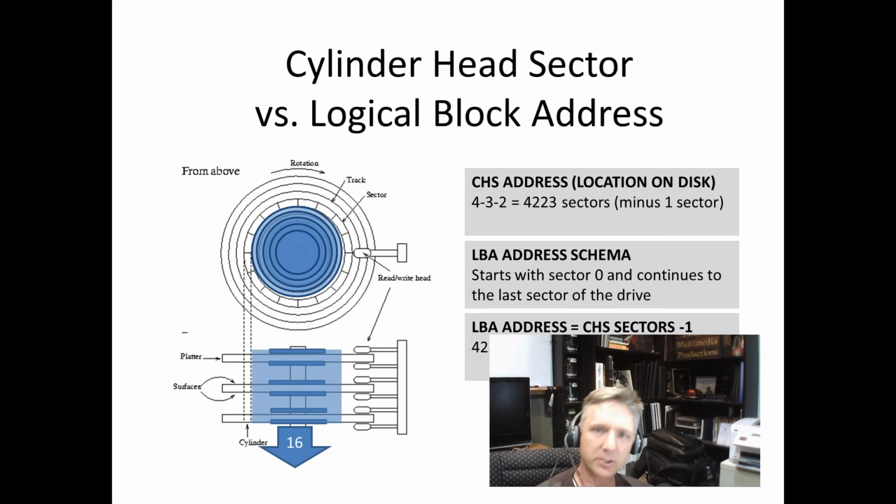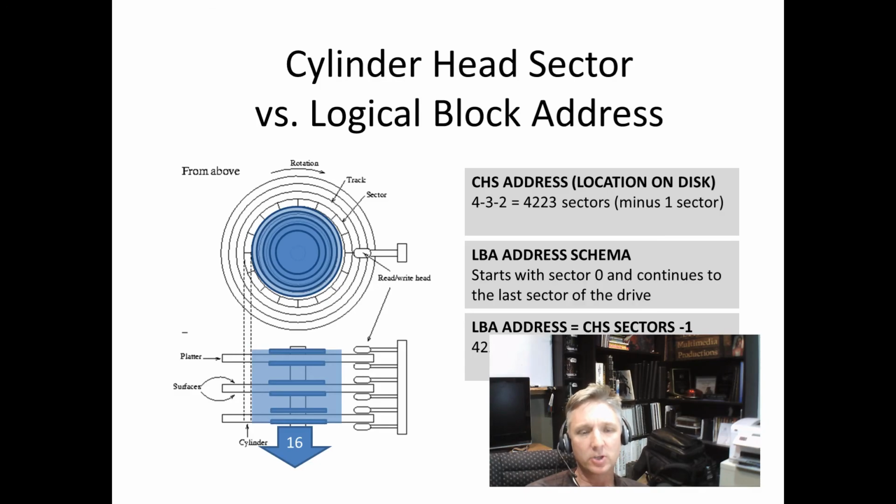And so a logical block address would go just from the middle out to the very end, to the last sector on that platter, and you'd have 64,000 sectors on that first one, and then the bottom side would have 64,000 sectors, so it's 128,000 sectors for the first platter and 128,000 sectors for the second platter, all the way down to the eighth platter, where you should have 500 megabytes worth of sectors.